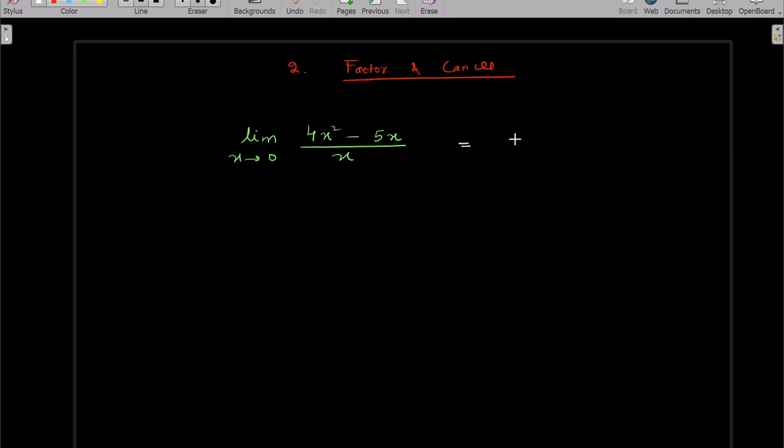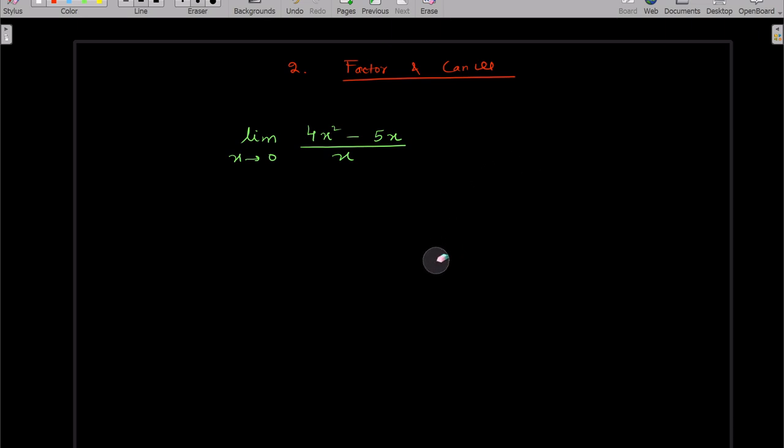Don't I get 0 over 0? 0 over 0. So that's why we cannot use direct substitution, because 0 over 0 is an indeterminate form. So we have to factor and cancel?